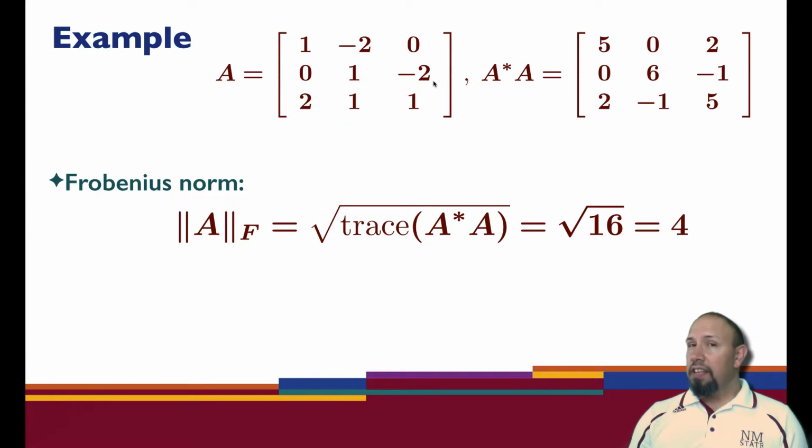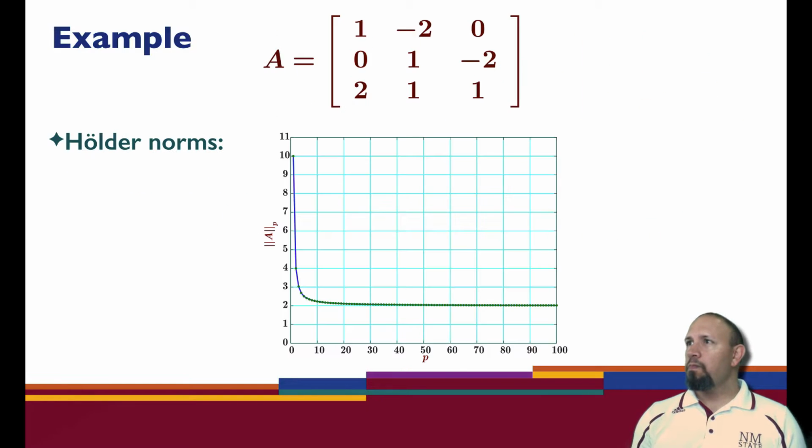But in terms of finding the vector, that wouldn't be so obvious. For the Hölder p norms, we can actually go through and compute those. Those are fairly straightforward. Again, that's not an induced norm, but we can compute them, and so this is what happens as we vary p for this matrix.